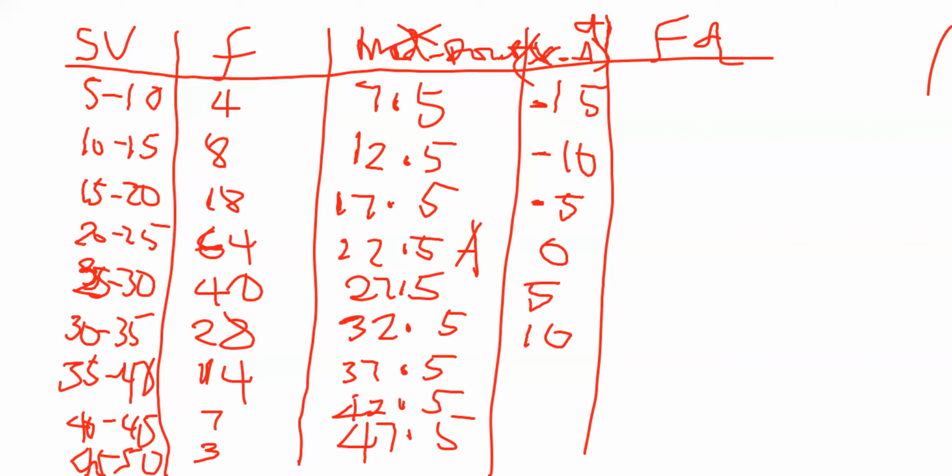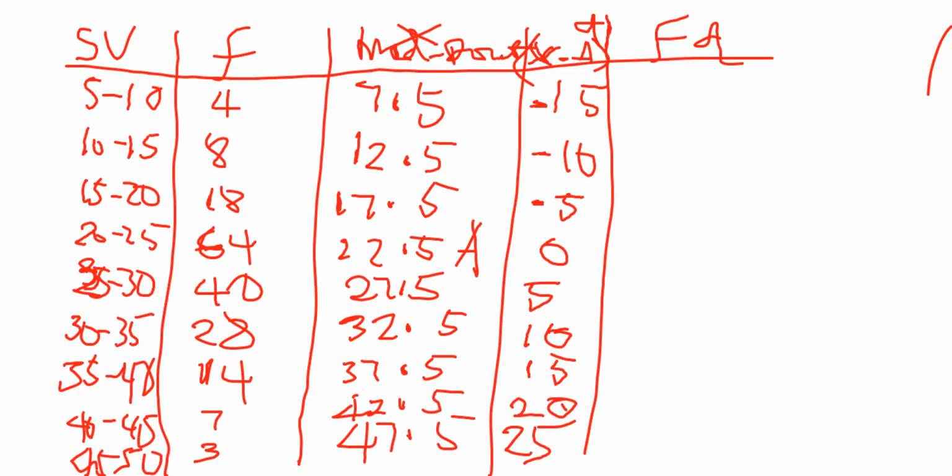The next one, 37.5 minus 22.5, that should be 15. 42.5 minus our assumed mean, that should be 20. 47.5 minus 22.5, that should be 25. Any questions?